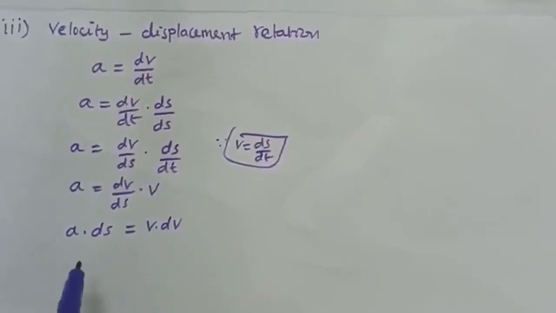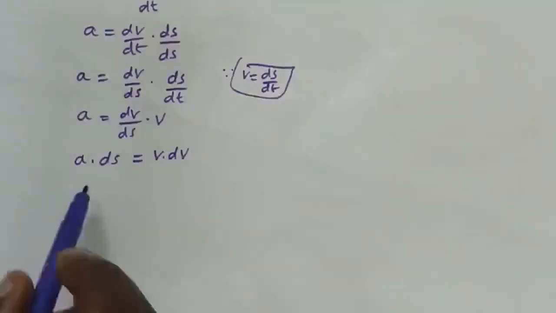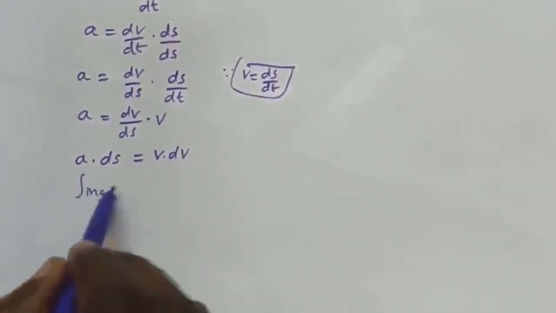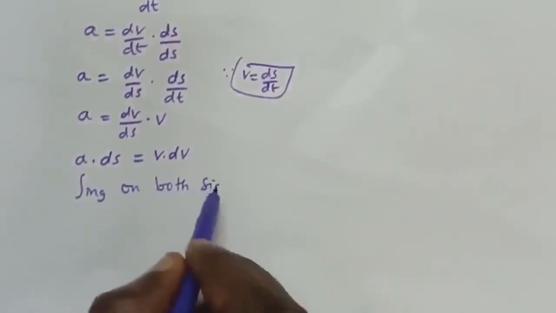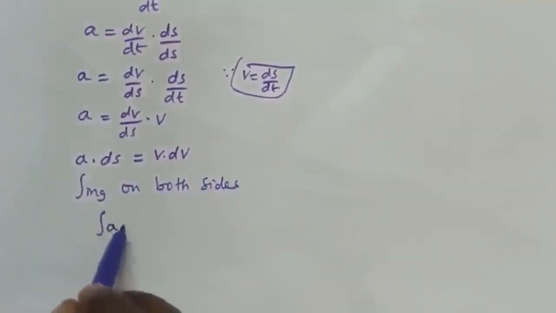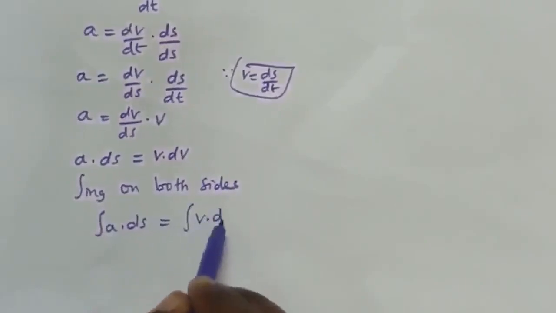Now integrating this equation on both sides, integration of a ds is equal to integration of v dv.